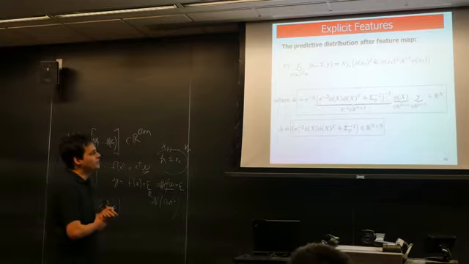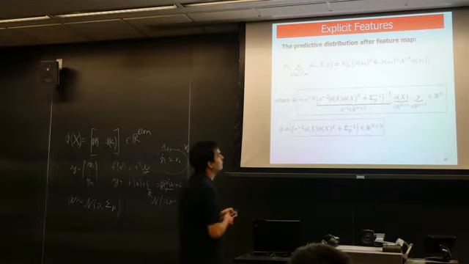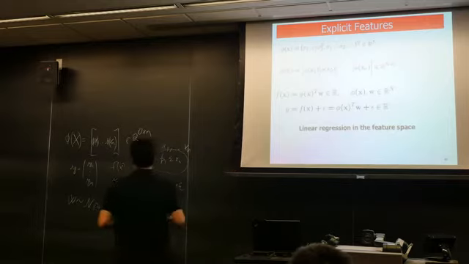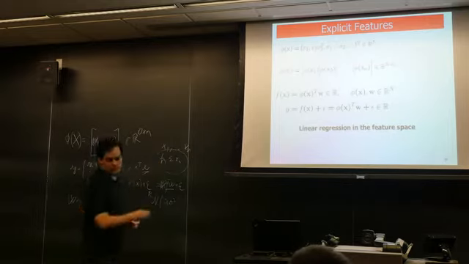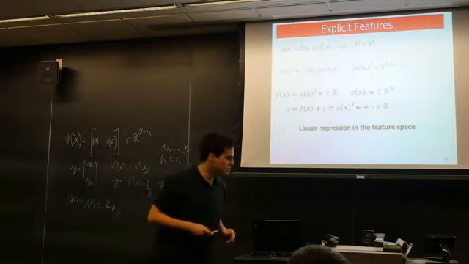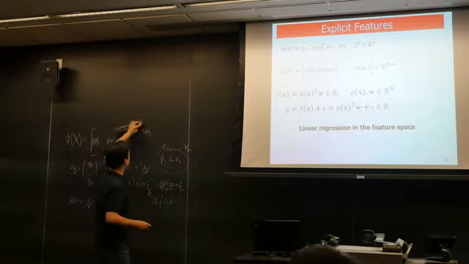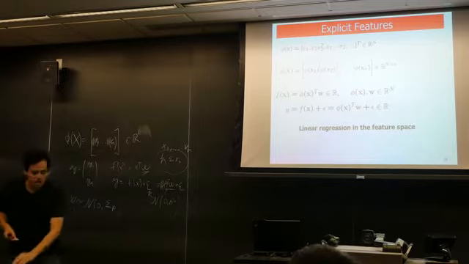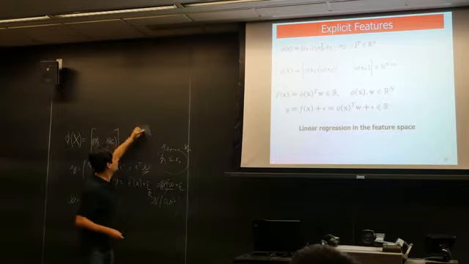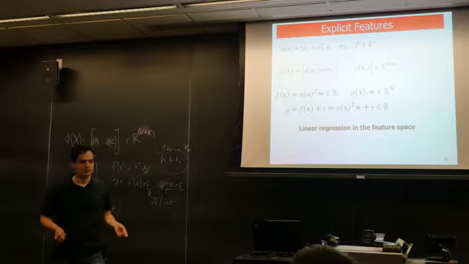So the big problem here, though, is that this feature matrix now is a capital N times n-dimensional matrix. So I transformed the input points to capital N dimensional space.